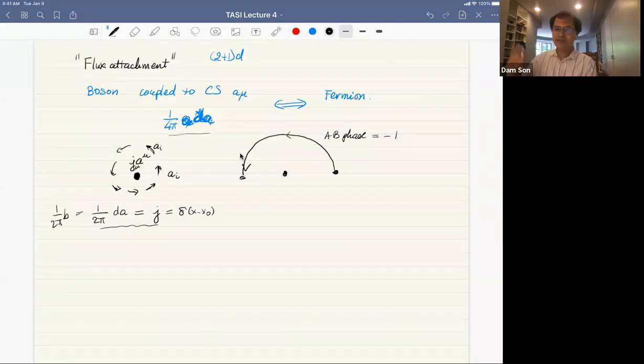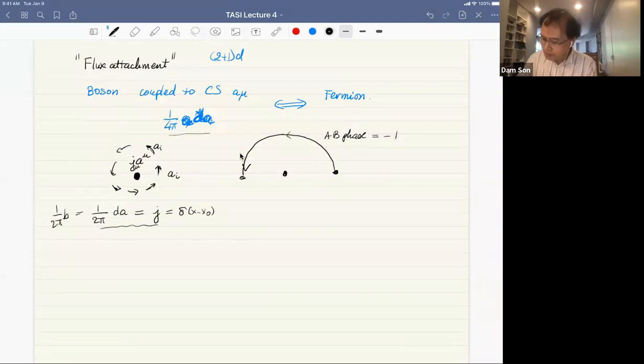This idea has been known for a long time, that in two dimensions, fields coupled to a Chern-Simons field would transmute their statistics. But only recently has this been formulated as a statement about the duality between two conformal field theories. So let me write down this statement.